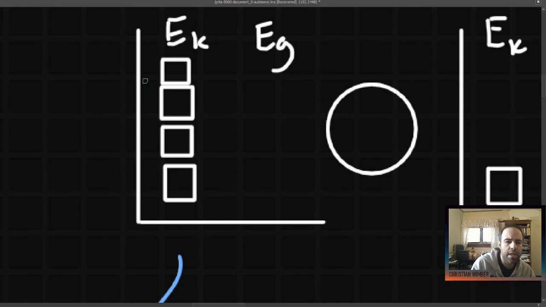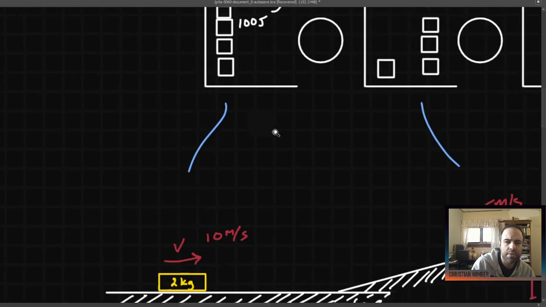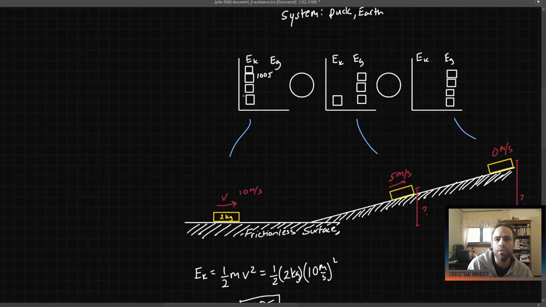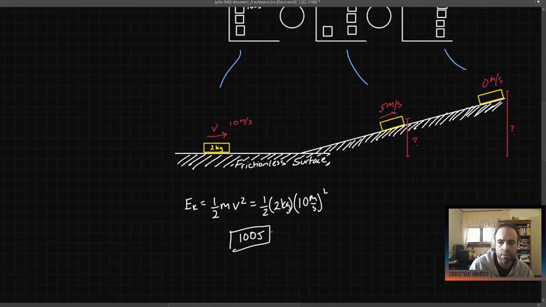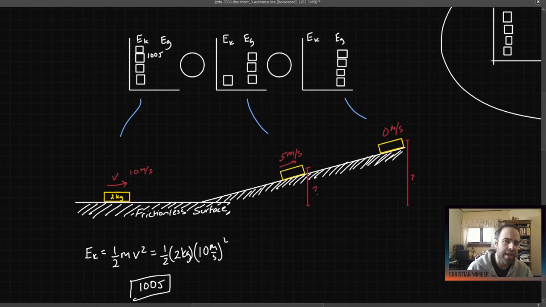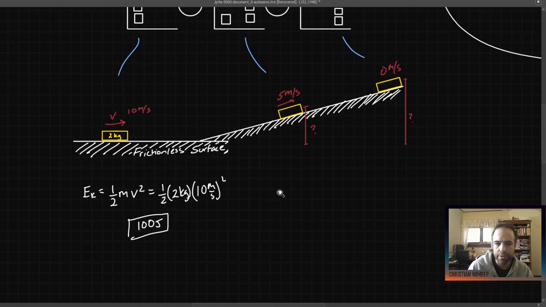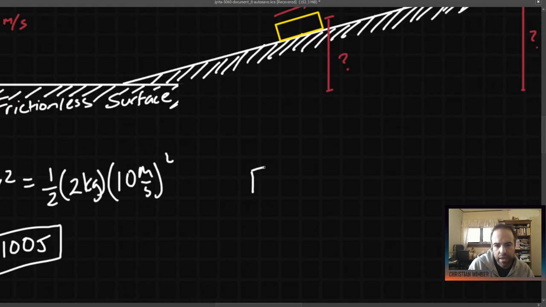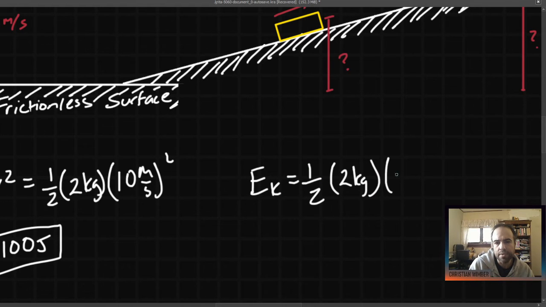I'm even going to mark that up here. You do not have to, but just to help us keep track of it, this is all the energy we have to start with, 100 joules. Well, halfway up, it doesn't have 100 joules of kinetic energy anymore, does it? Because it's not going as fast. Now it's only going 5 meters per second. So I'm going to do my same exact equation again. The energy stored kinetically is 1/2 the mass times the velocity squared.